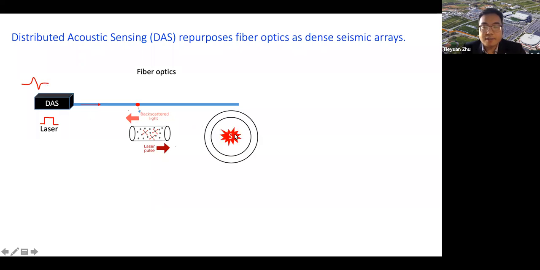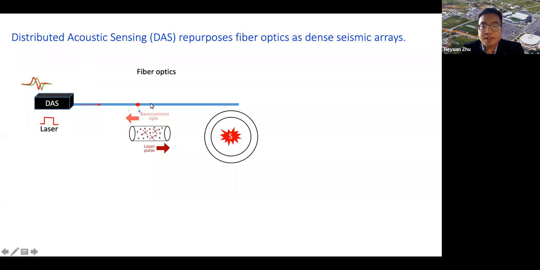If you have seismic wave propagation from an earthquake or active source energy, the wave perturbs this fiber cable by compressing or stretching it. In that sense, this red signal is perturbed into this green signal. The difference between the red and green signals in phase or amplitude represents the seismic energy.